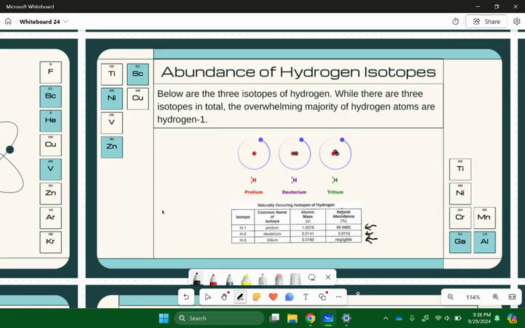Tritium is so rare that it doesn't actually even have a calculated natural abundance. That means that in like 1 in a million atoms may be a tritium. All the rest are going to be protium and deuterium. Okay, so as we can see right here, it's not exactly balanced between the three isotopes.